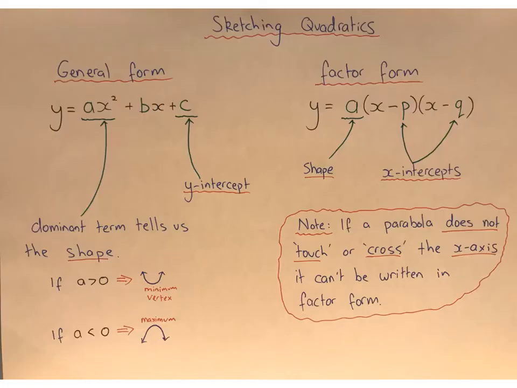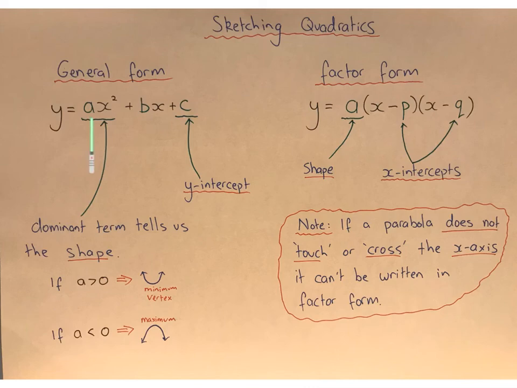Now, the general form of a quadratic is given by y equals ax squared plus bx plus c, where a, b and c are constants. The quadratic term, ax squared, is the dominant term. This tells us the shape of the graph.